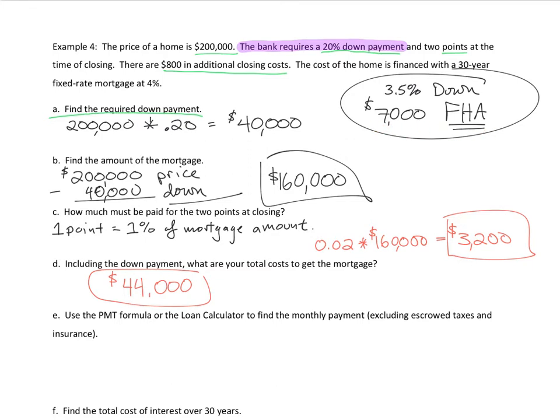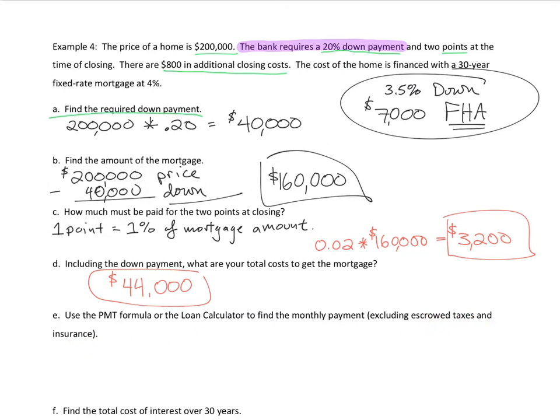All right. So the mortgage amount is still going to be $160,000, and I'm going to scroll up a little bit because we have to use the payment formula. I guess you can find a loan calculator online to use. You can probably just find Google loan payment calculator, and we're going to find the monthly payment excluding escrowed taxes and insurance.